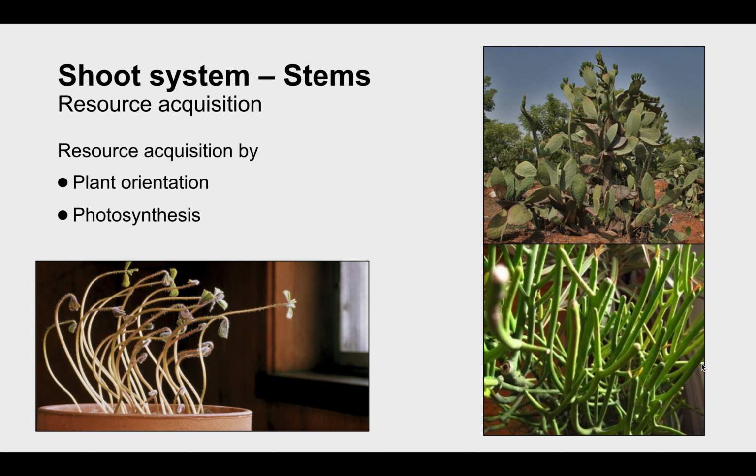In this case, these stems are the main photosynthetic organ instead of the leaves. Not always the case, more rare to find this, but in those plants, like the prickly pear, they actually play a huge role in photosynthesis, because these plants don't have the traditional leaves that you might think of to acquire that sunlight.